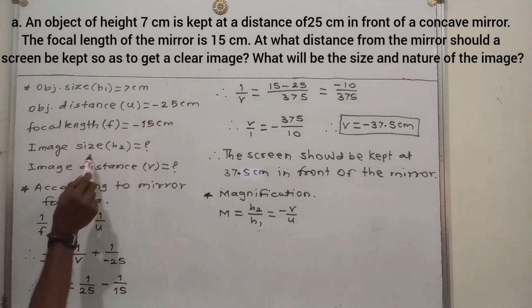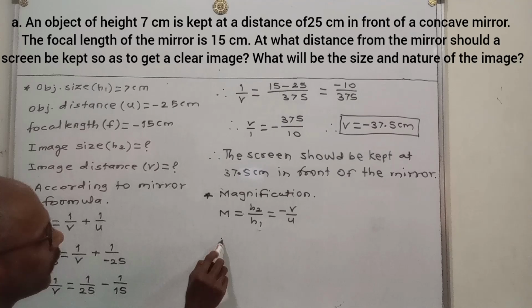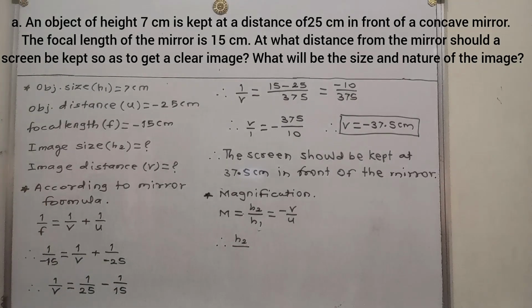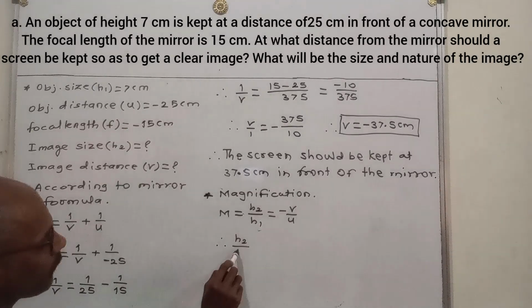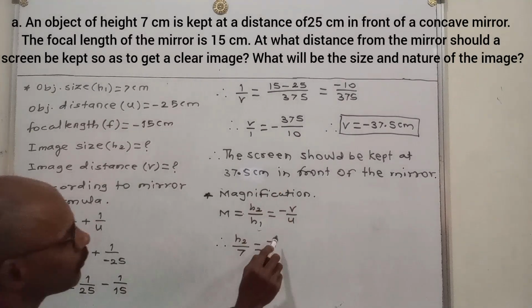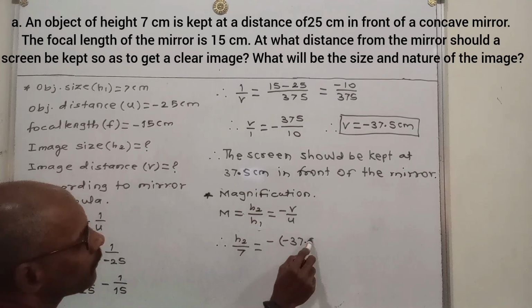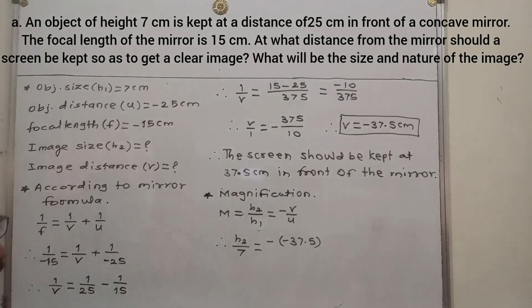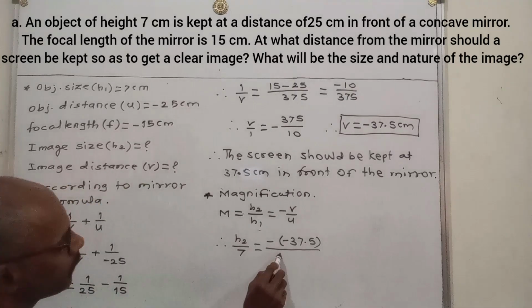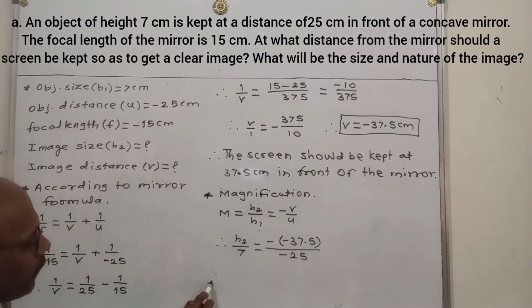See here, we want h2. Okay, therefore h2 upon h1, what is h1? 7, is equal to minus v. What is v? Minus 37.5, upon u, minus 25.